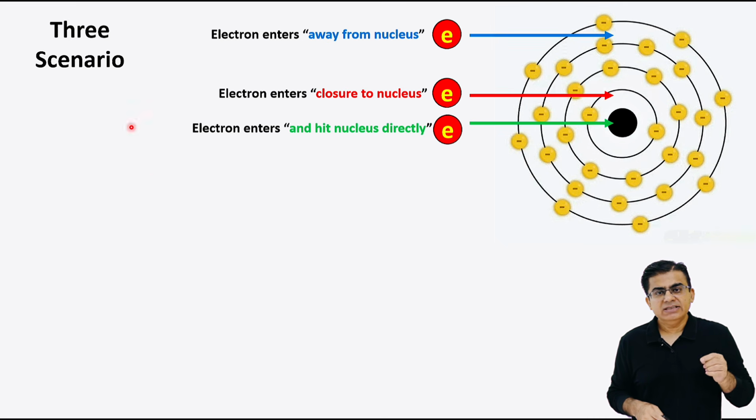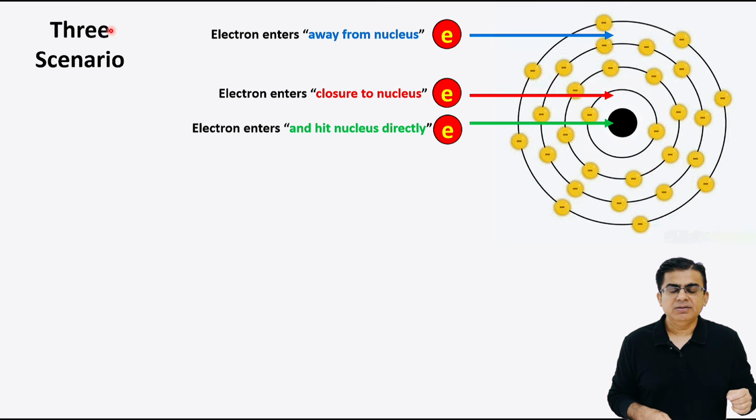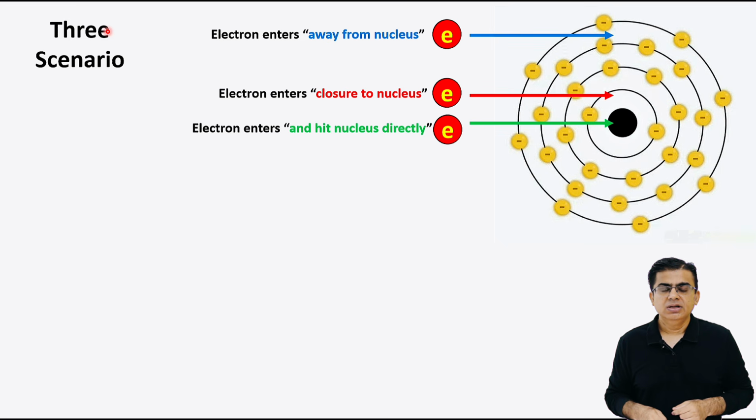I will show you the three specific scenarios that dictate the final energy spectrum of Bremsstrahlung X-ray. See here. In the first scenario, the incoming electron passes very close to the nucleus. In the second scenario, the electron travels far away from the nucleus.